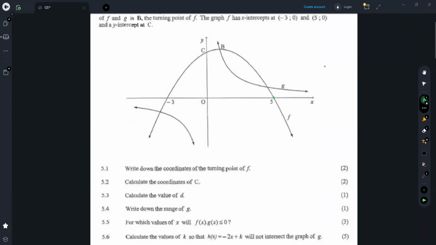If I go north of 5, I see that the y value becomes positive. And if I go south of 5, I see that the function is now negative. So this is where the y values change. I'm just going to draw a dotted line like that.